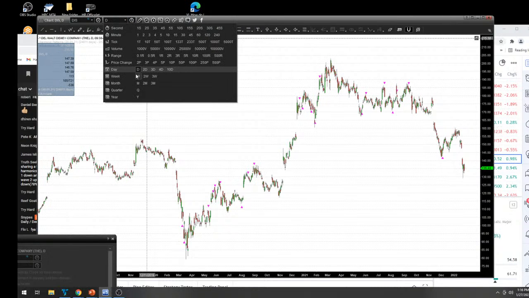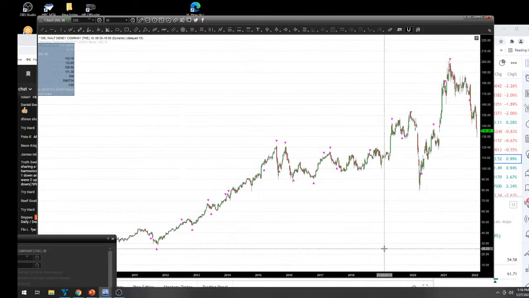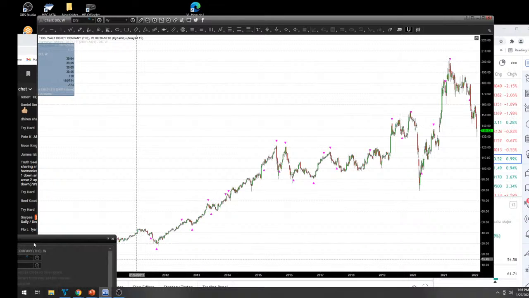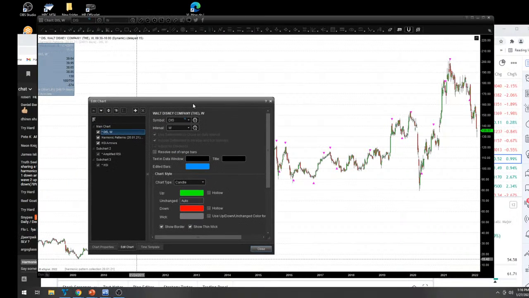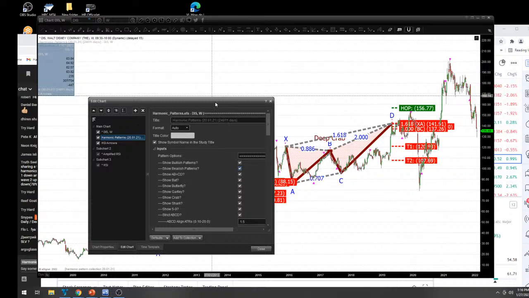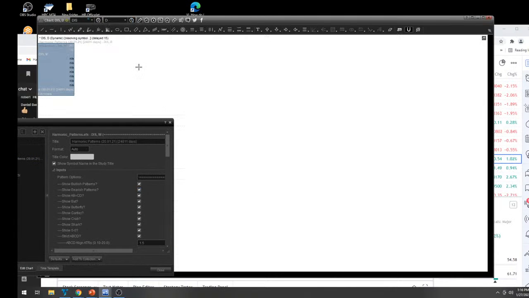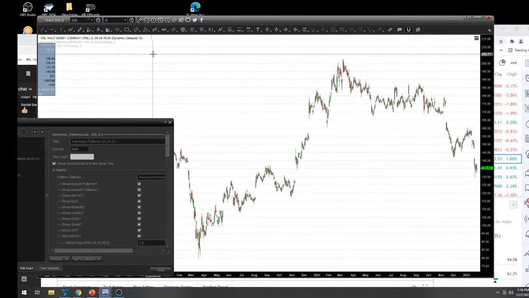Maybe it was a weekly crab? Hold on. Yeah, I'm looking at Disney. Oh, that would help. Let's get some bearish patterns up. I think the daily pattern was the one we were focused on.